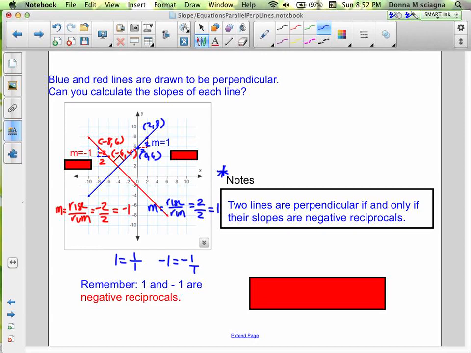Whenever we see the if and only if, this works both ways. I'll write this down.